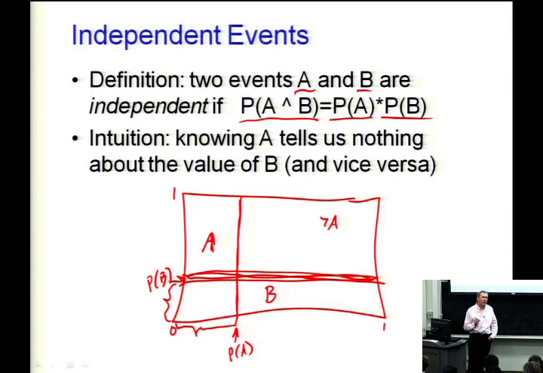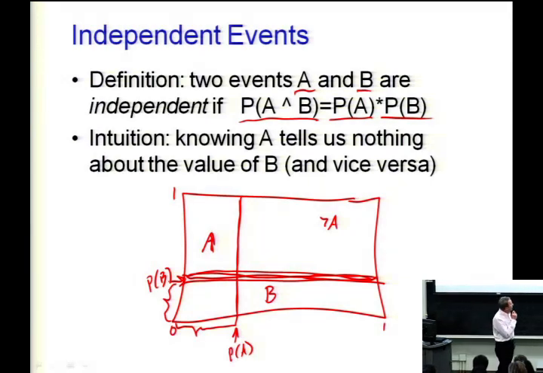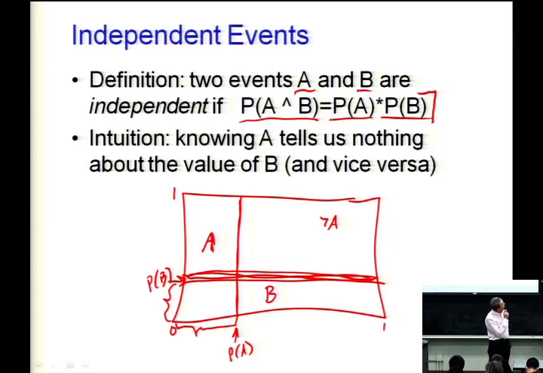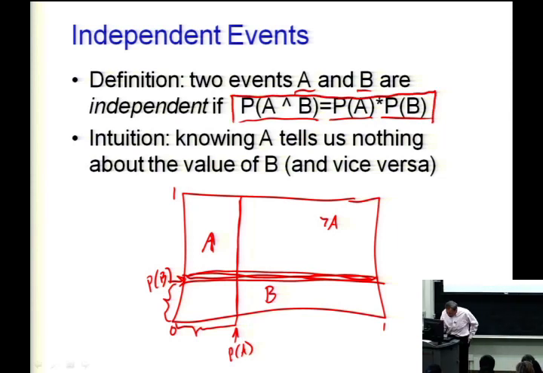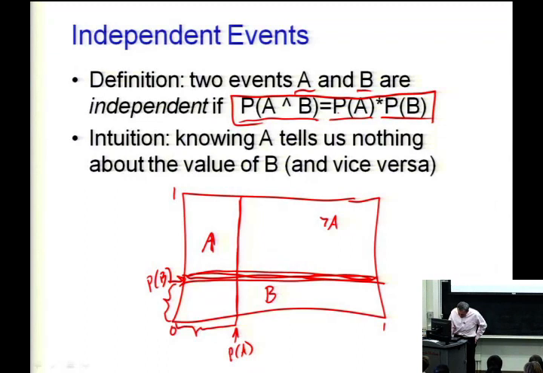Right? And where's the probability that A and B? Well, that's, of course, here. But why does this make these independent? Oh, well, because this is our definition. The probability that A and B, where's that? Well, that's just here. Equals the probability of B alone times the probability of A alone.